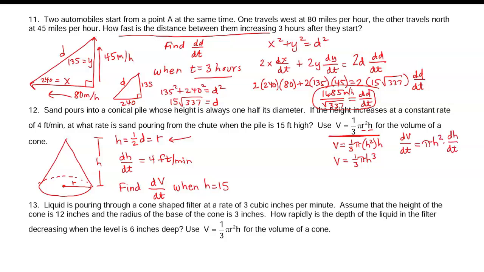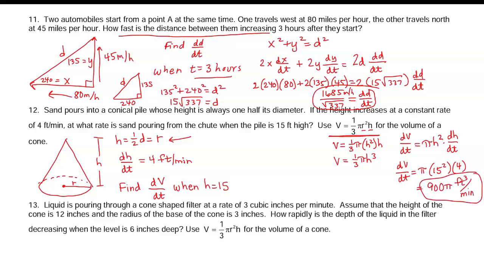That's much easier than doing product rule. And we did not get a rate of change for the radius. So we get dV/dt equals pi times 15 squared. dh/dt was 4, so we're getting 900 pi feet cubed per minute.